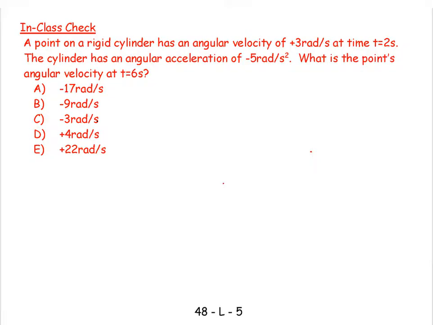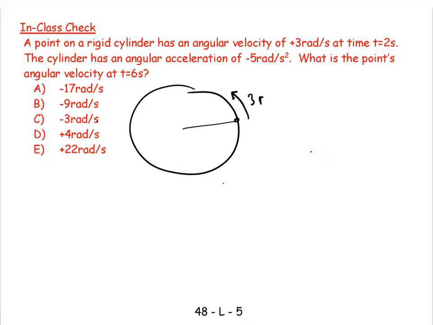On this one, a point on a rigid cylinder has an angular velocity of 3 radians per second at time t equals 2 seconds. I draw my angular velocities as curvy little arrows.